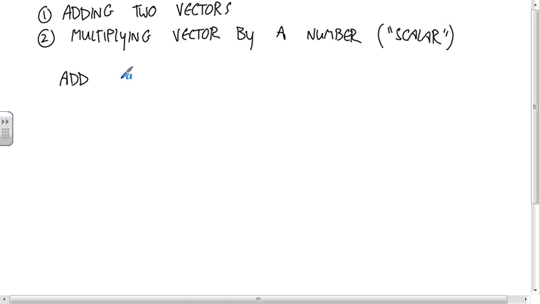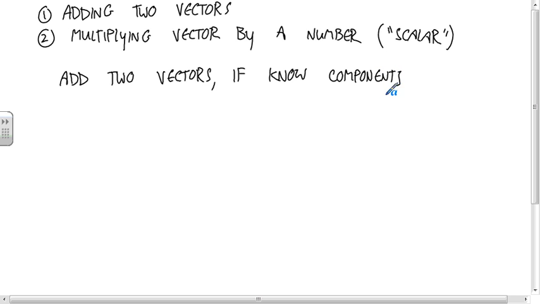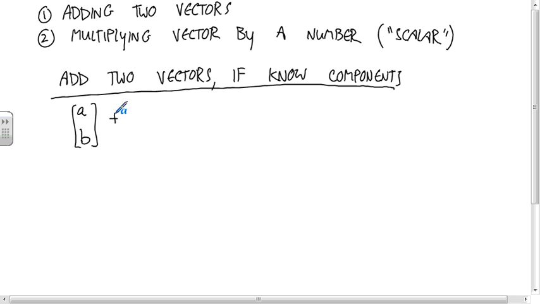Okay, so here's how to add two vectors if you know their components. So let's say that we're adding a vector AB to a vector CD.